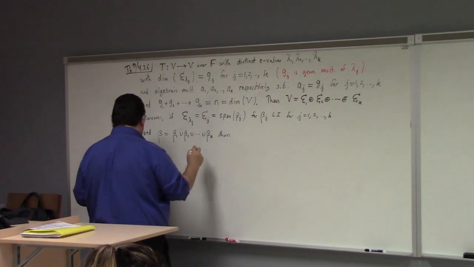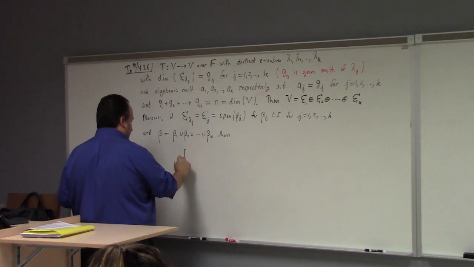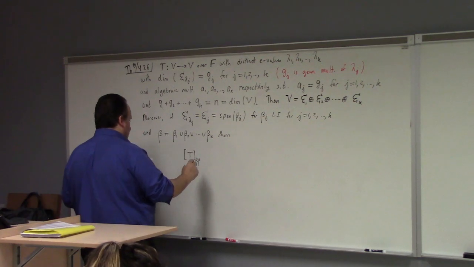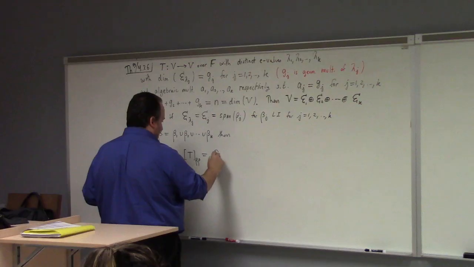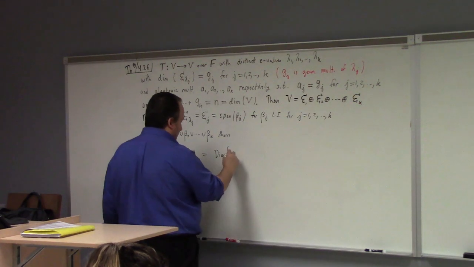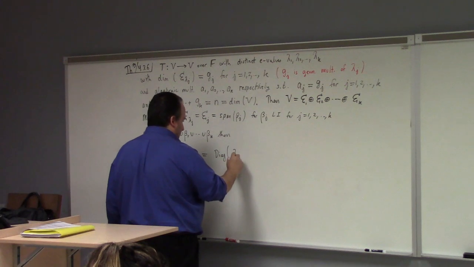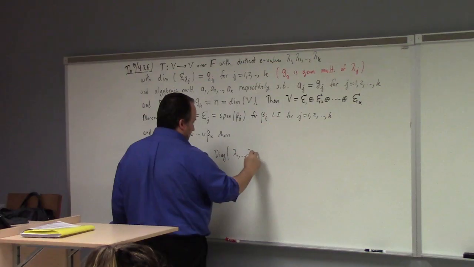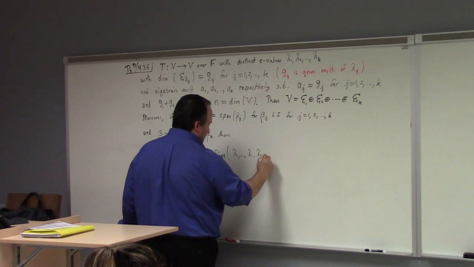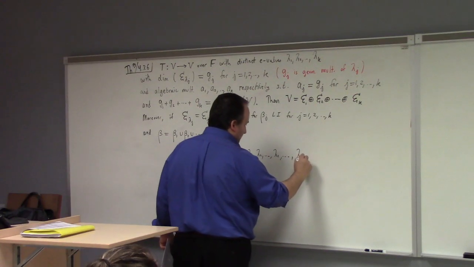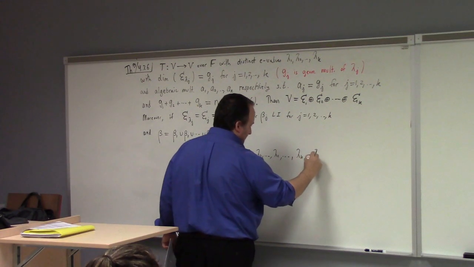Then in this case, the matrix of T with respect to this basis is diagonal, right? And basically it's diagonal with lambda 1 a bunch of times, then lambda 2 a bunch of times, right? And then lambda k a bunch of times. How many times?